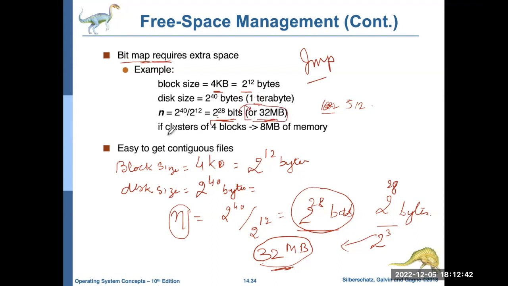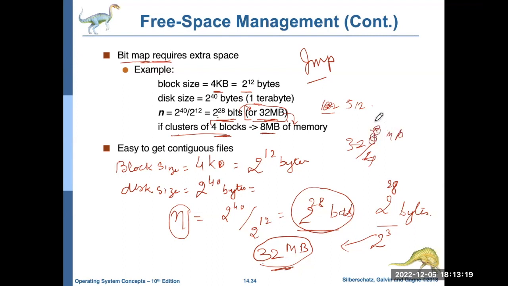If we cluster 4 blocks, rather than having one bit for each block, but if we cluster 4 blocks together, then the size of that bit vector will become lower. So 32 divided by 4, we come up with 8 MB as the size of the bit vector.